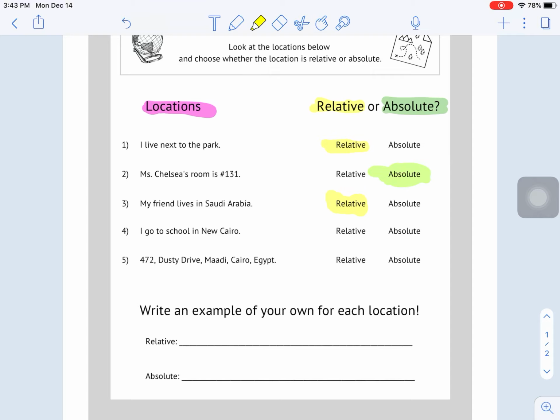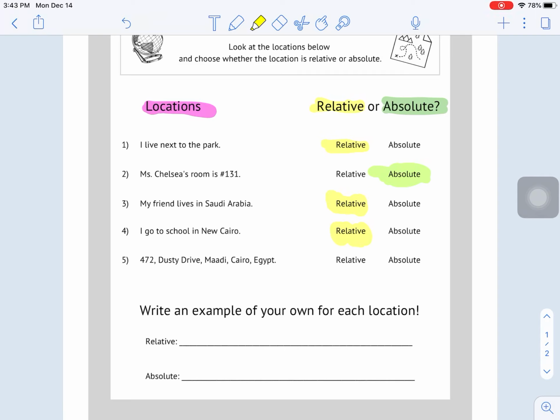Number 4, I go to school in New Cairo. What do you think? This one would also be relative because, again, it's not telling me exactly where the school is. It's just saying, well, it's in New Cairo. That's it.